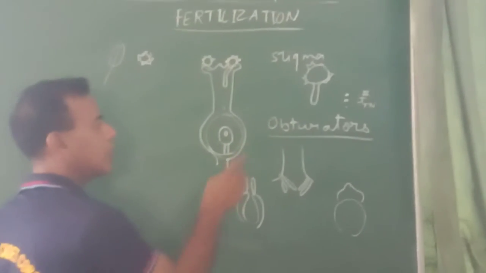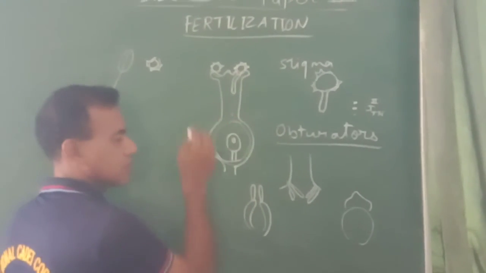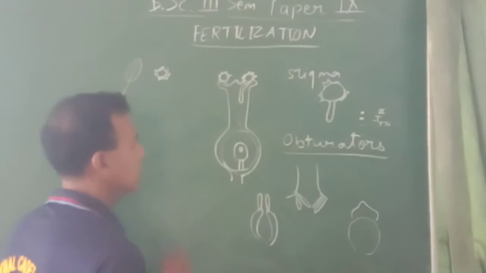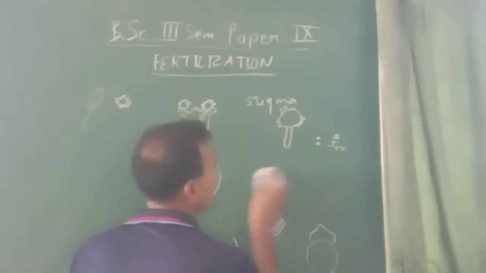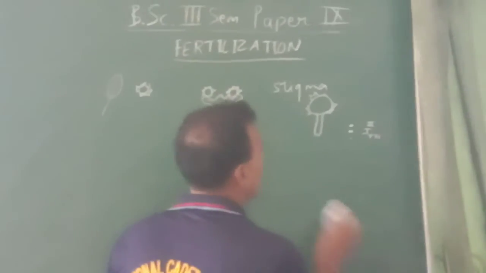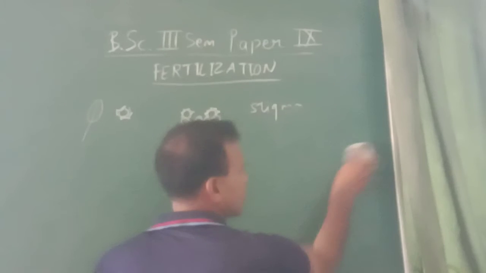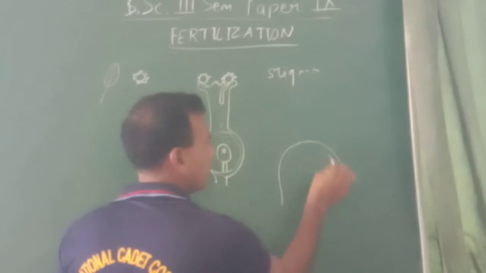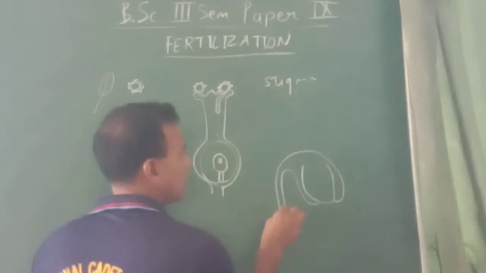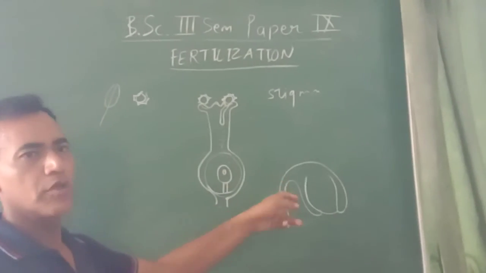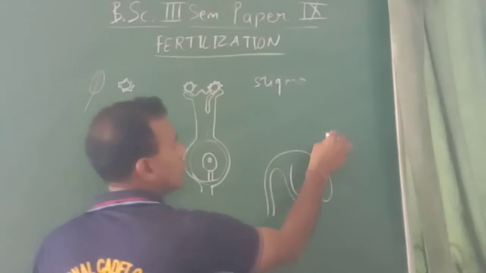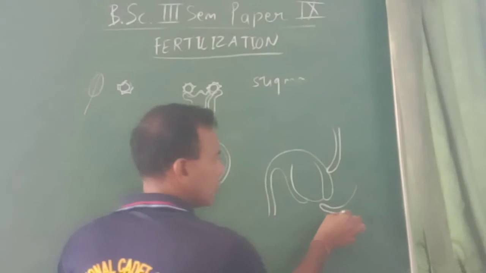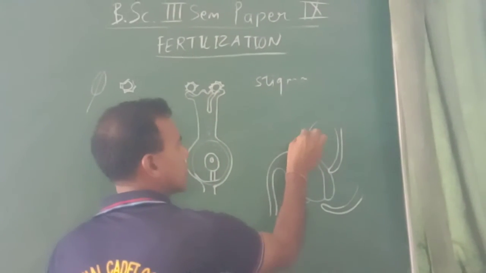So now what happens when the obturators have helped the pollen tube to reach this ovule? Now this pollen tube has reached this ovule. The pollen tube may enter through the integument, through the pore, or through the chalaza.